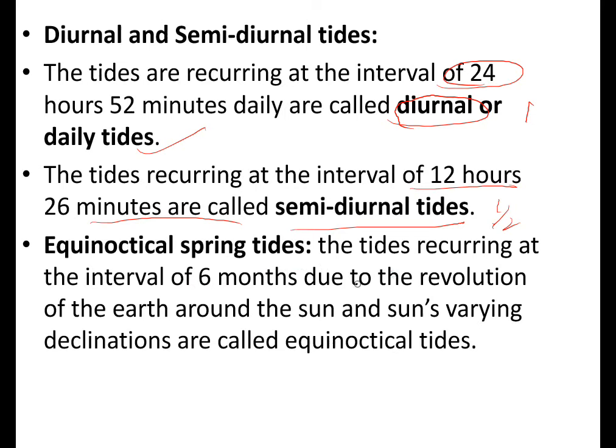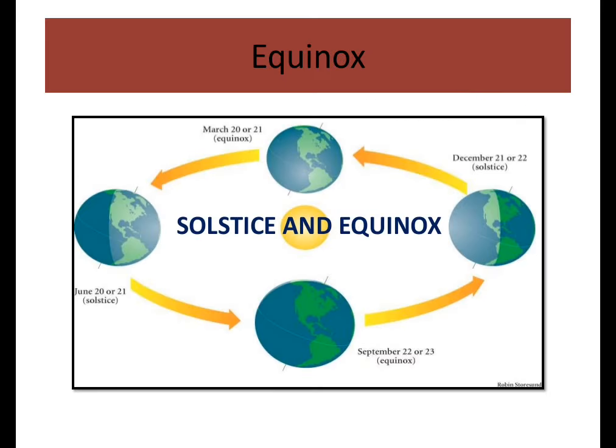Equinoctial spring tides, as I said, occur in the perihelion position. The tides recurring at the interval of 6 months due to the revolution of the earth around the sun and the sun's varying declinations are called equinoctial tides. In this image, this is the sun, this is the earth. The distance between the earth and sun here is less.